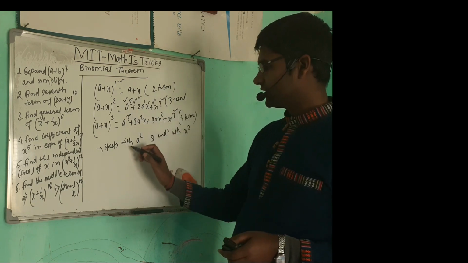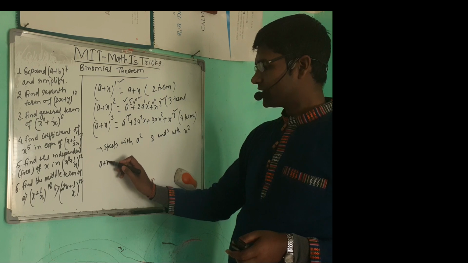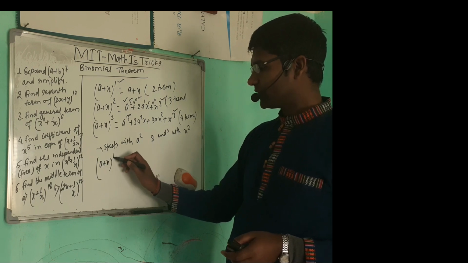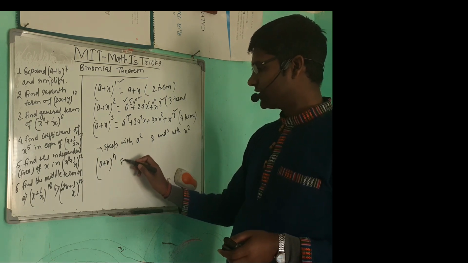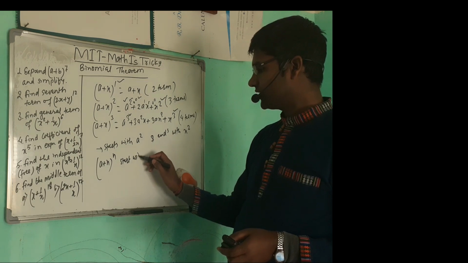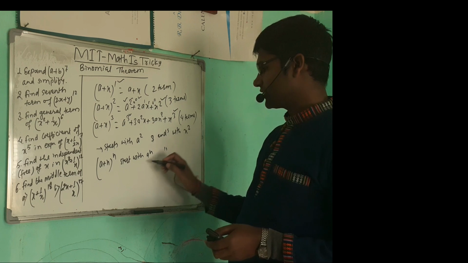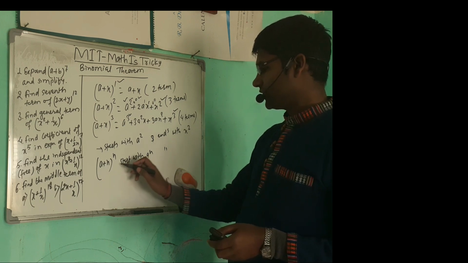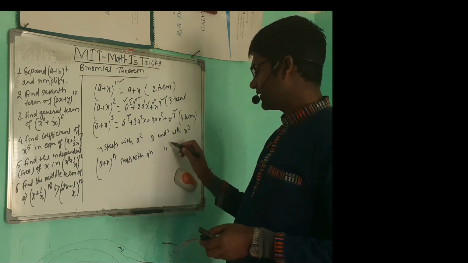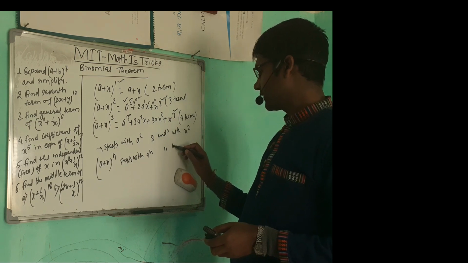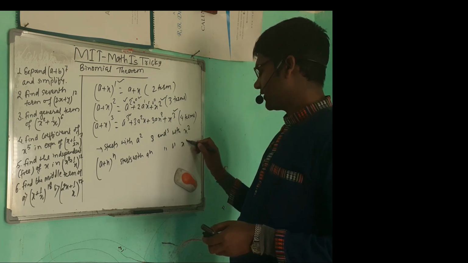So (a + x) to the power n will start with a power n and end with x power n.